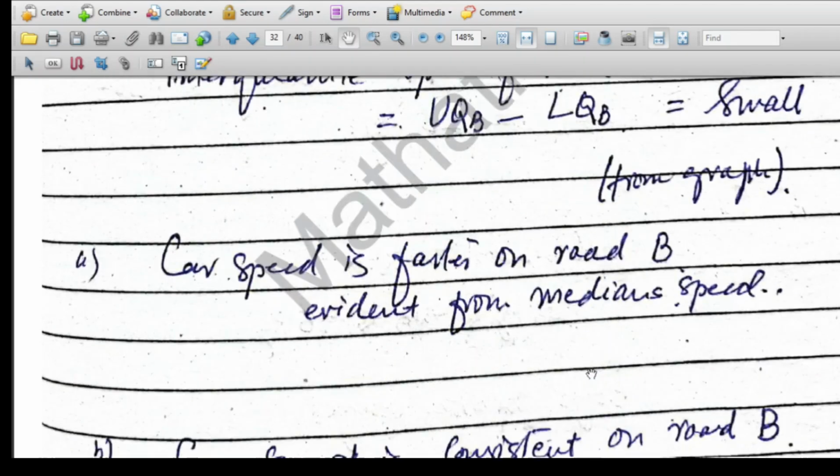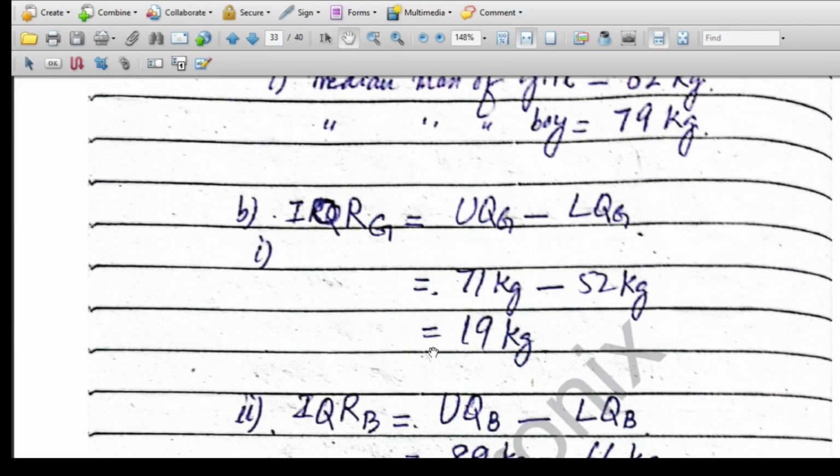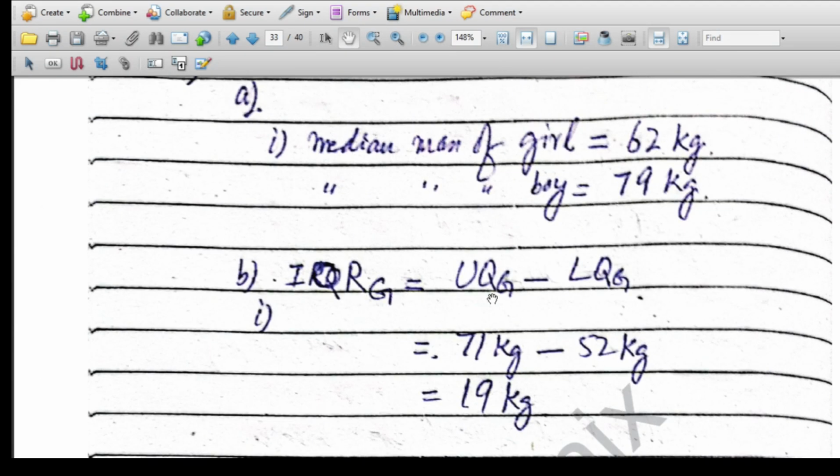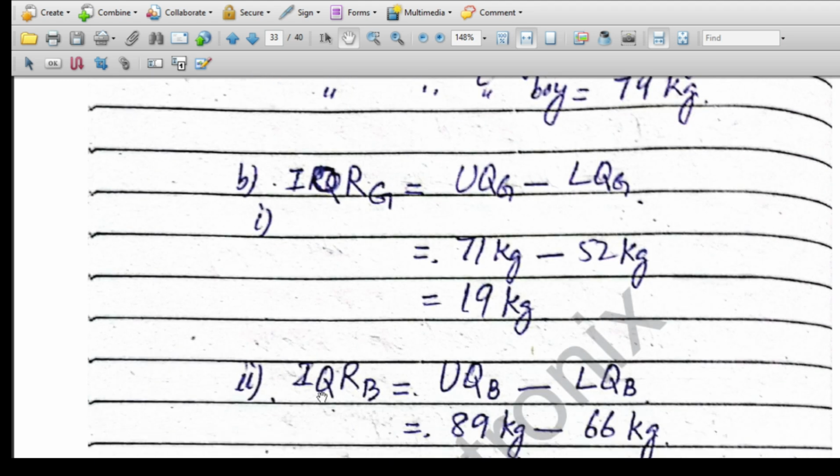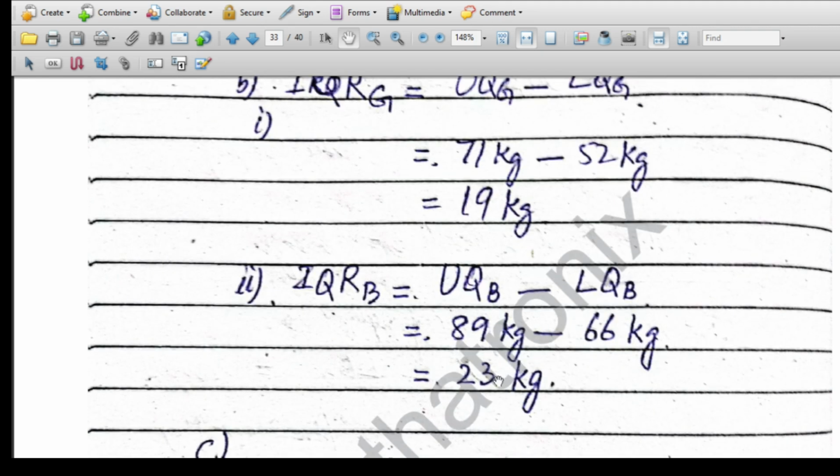So the interquartile range for girls is upper quartile minus lower quartile, 71 kg minus 52 kg, which is 19 kg. For the boys, the upper quartile is 89 and the lower quartile is 66, all from the cumulative frequency diagram. So the interquartile range is 23 kg for the boys and 19 kg for the girls.